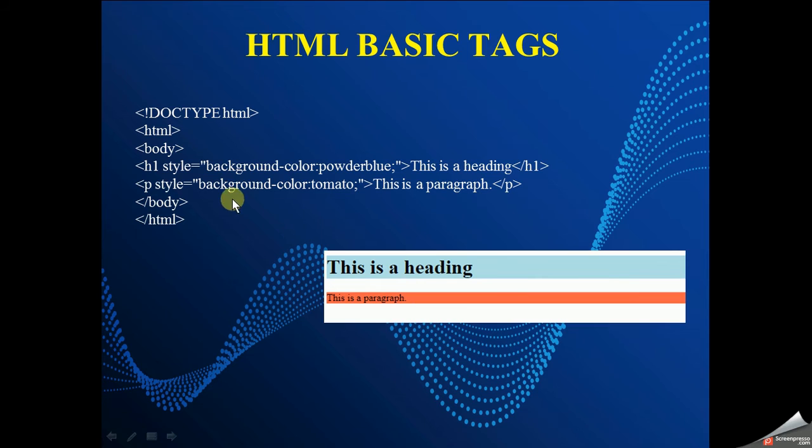In that case, you will write h1 style, so the style attribute is added in the heading tag. In the h1 tag you write style background color powder blue, then this is a heading, and you close it. Okay, now suppose you write a paragraph, then paragraph style background color tomato, and this is a paragraph. When you run this, this will have a different color and this will have a different color, since you have applied your styles on single tags.